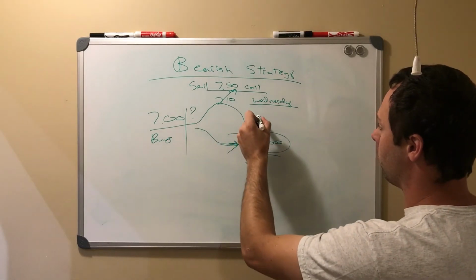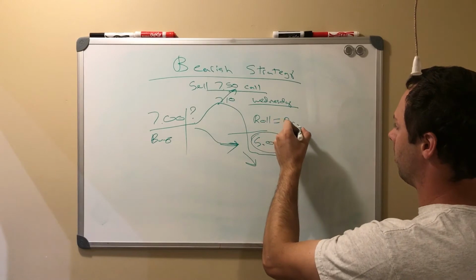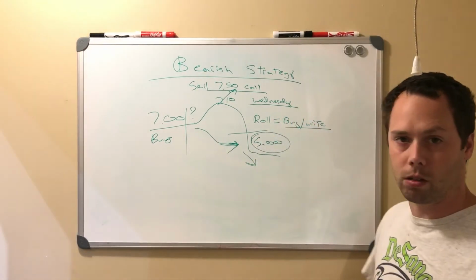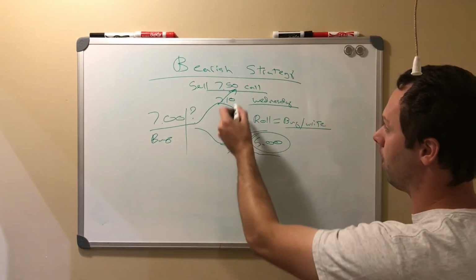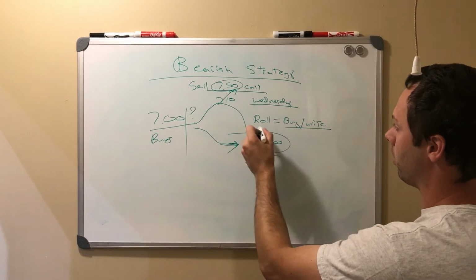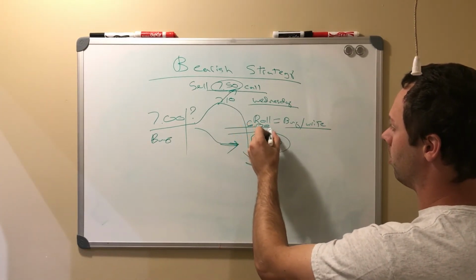Well, I could roll, which is a buy right. There's tons of videos on rolls and all that. Basically, you're going to buy this old contract that you sold back, and you're going to sell a new one.